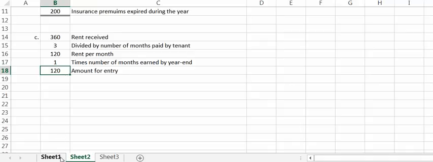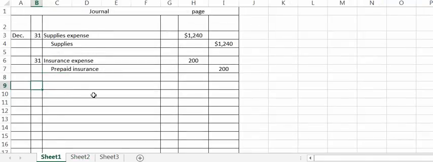So let's go to our journal page. On the 31st, we're going to debit the liability account unearned rent to decrease its balance by 120. Unearned rent has decreased because we've now earned a portion of the rent. Liabilities decrease on the debit side.